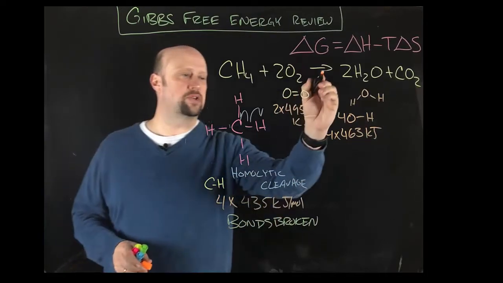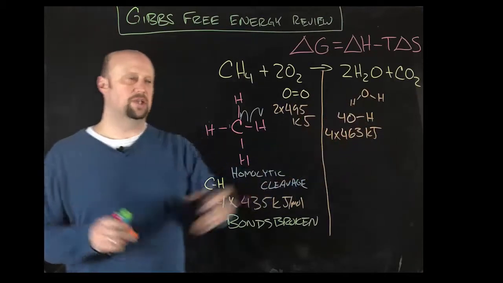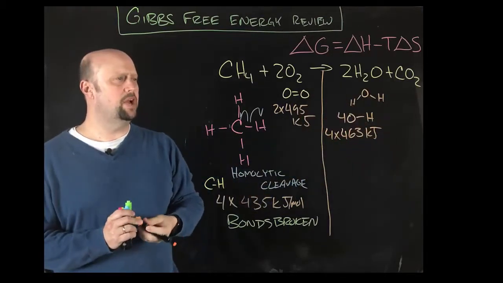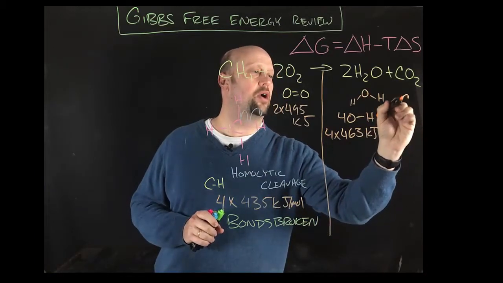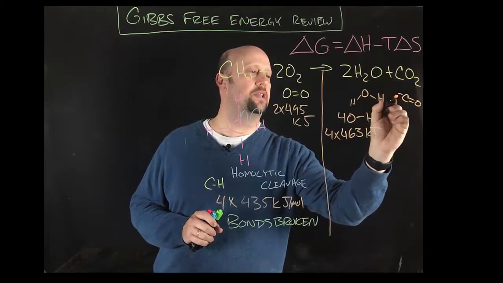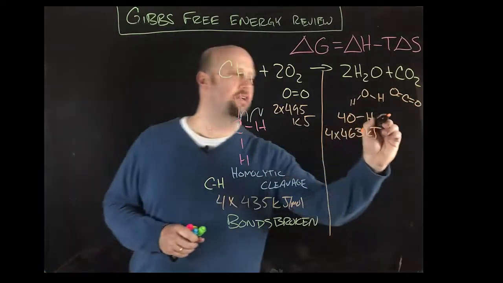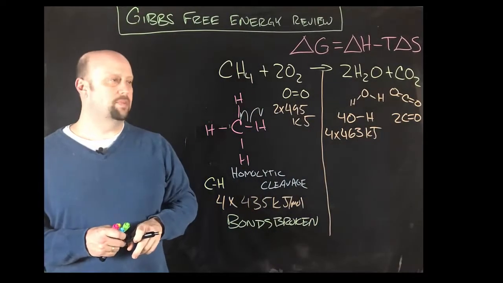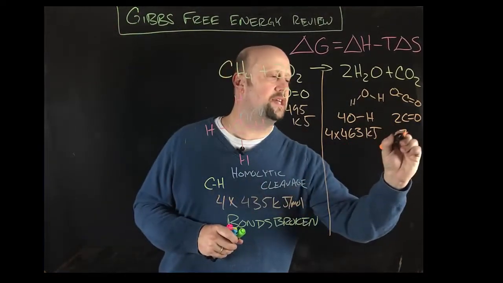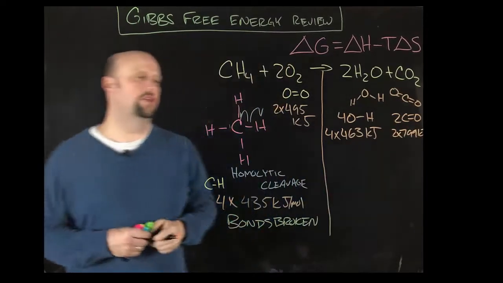Now again, there's sort of a split down here between reactants and products. Okay, so that matters a lot. And then we've got one more, or actually two more bonds that matter here. Our carbon dioxide, remember, is a linear molecule. So it looks like that. Okay, and so what that means is that I've got two C double bond O bonds to break there. My energy there is 799 kilojoules, and I've got two of those.